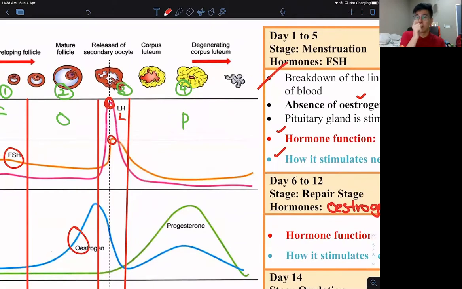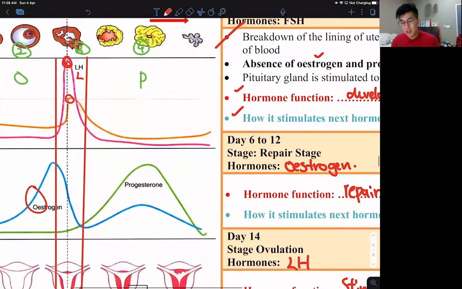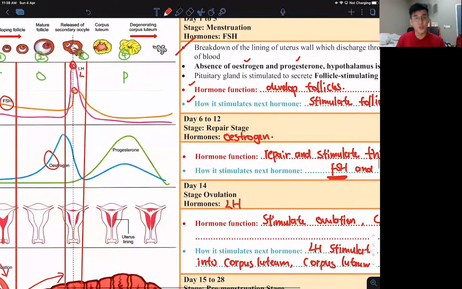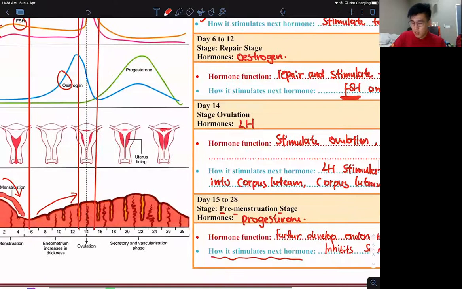Ovulation will only occur for 1 day, the Graafian follicle releasing the secondary oocyte is done. It's a 1 day process only. That's why LH only peaks for 1 day. And then after that, you have the corpus luteum formed already. The corpus luteum secretes progesterone. So progesterone increases, and then you can see the wall further thickens.